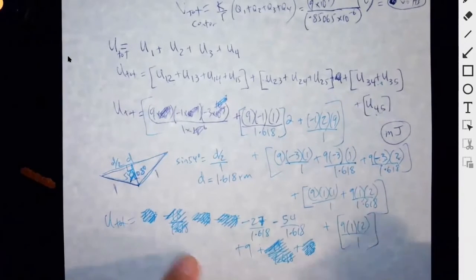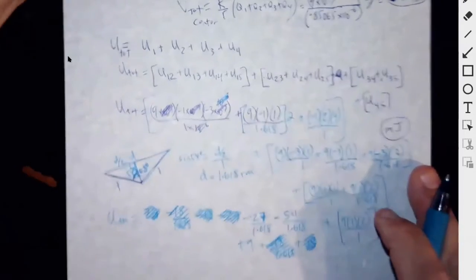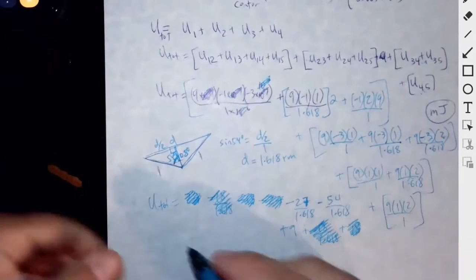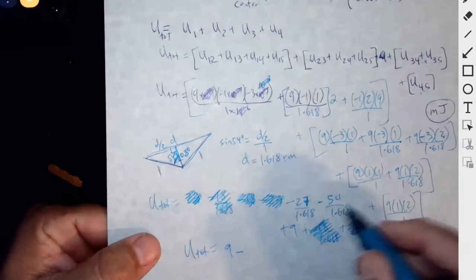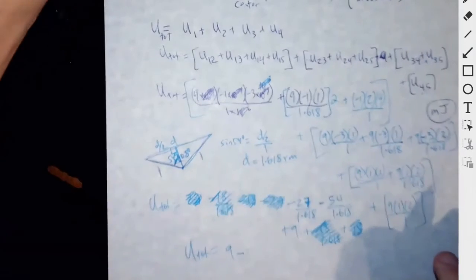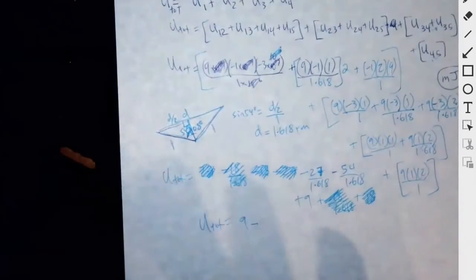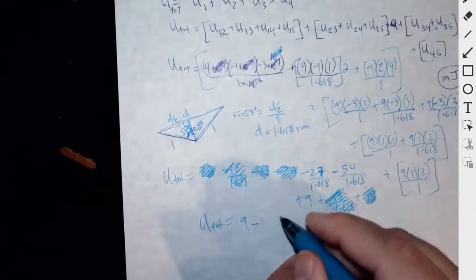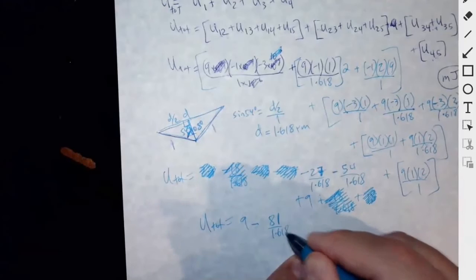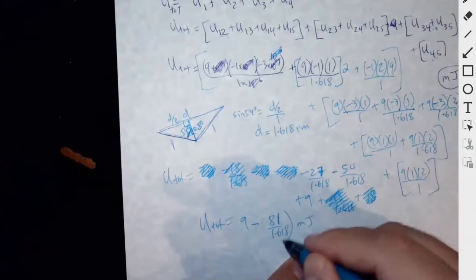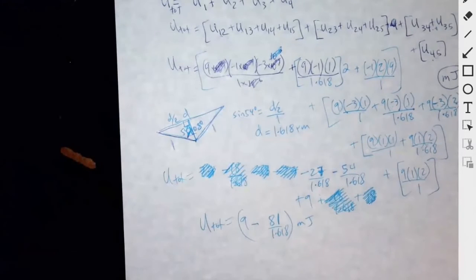What's left? That's it. So 9 minus, and then 27 and 54 is what? 81 minus 81 over 1.618 millijoules. That's going to be the answer.